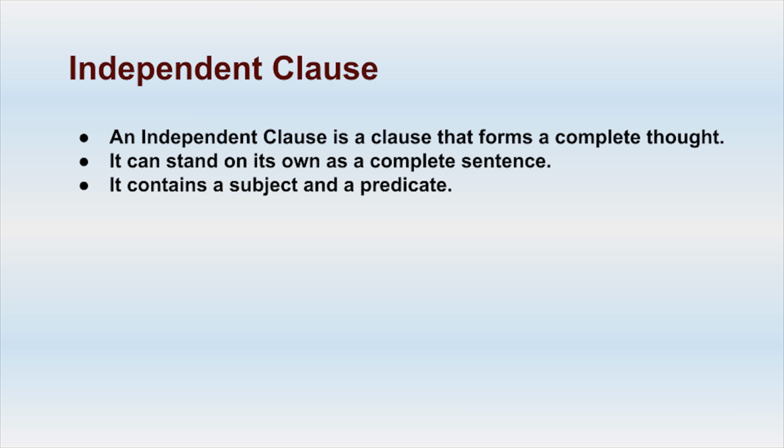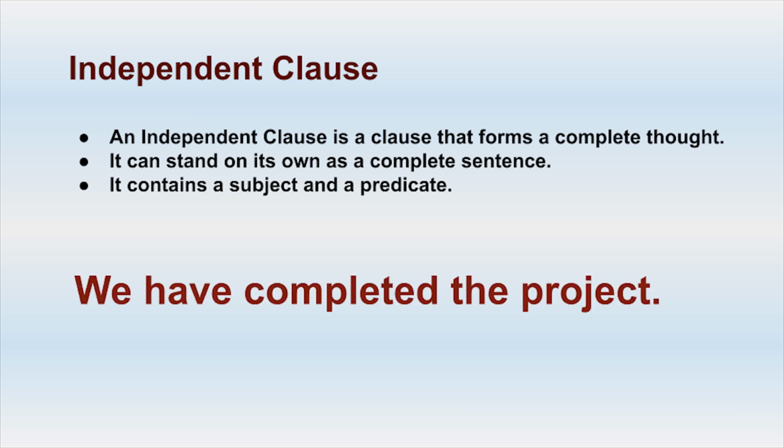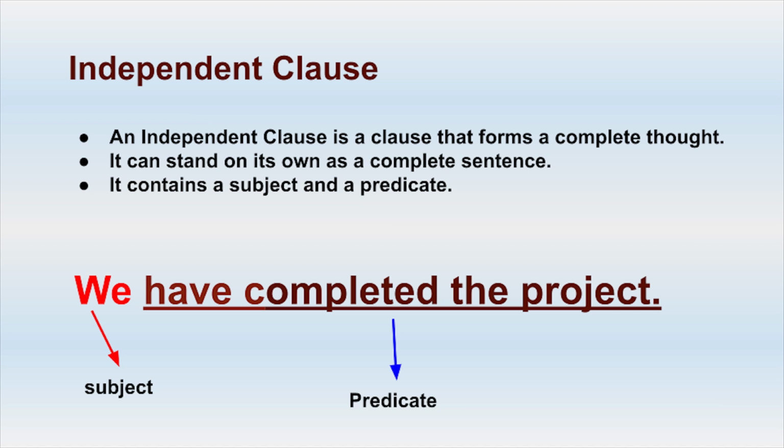It includes the verb. Let's look at this sentence, which is also an independent clause, as an example. We have completed the project. The subject in this sentence is we, and the predicate is have completed the project. The verb in the predicate is have. Here's another example of an independent clause.